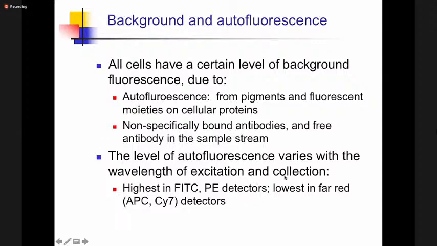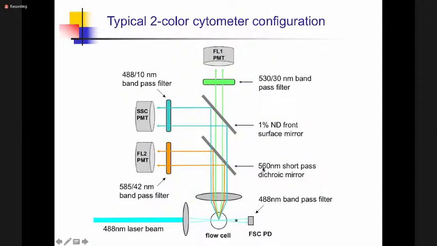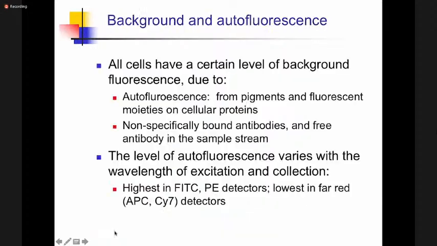The level of autofluorescence, I mentioned, varies with the wavelength of excitation. It can be much more at the higher wavelength, like you're seeing here at 560, compared to a lower wavelength. So we have got the highest excitation of this autofluorescence occurring in the signal of fluorescein isothiocyanate, followed by the phycoerythrin detectors, and it is far lower in APC, which I'll give you the naming of, all in a table which I've shown.